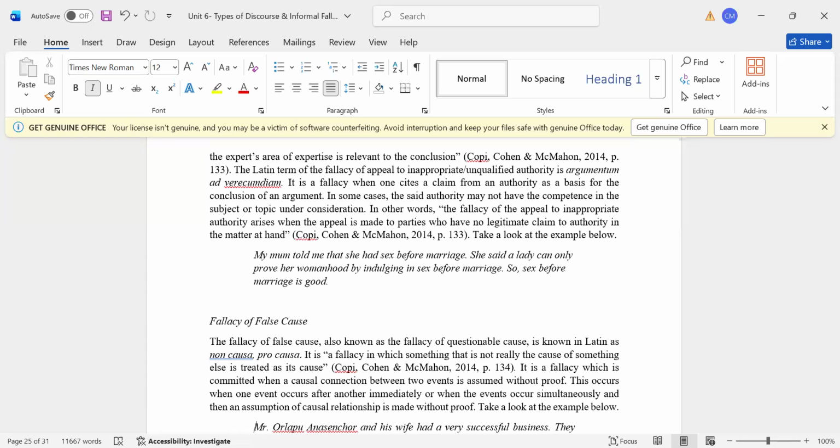And then he decides to go to the village. When he went to the village and came back, everything started going down. Then they say the cause of his business collapsing is because he went to the village. Somebody is bewitching him. A fallacy of appeal to wrong cause. It may be true, it may not be true.